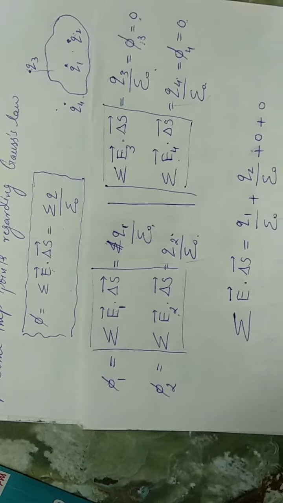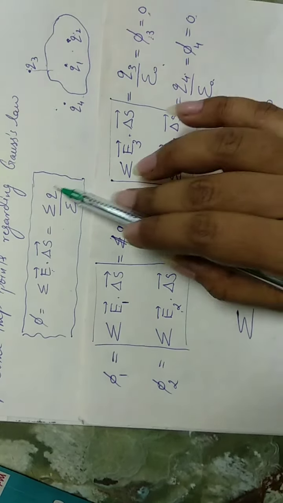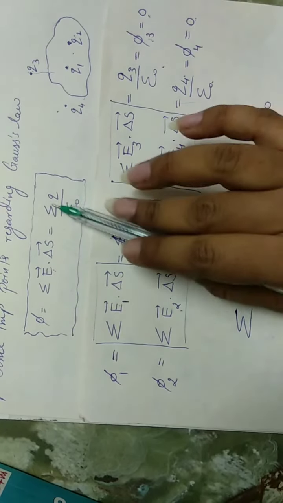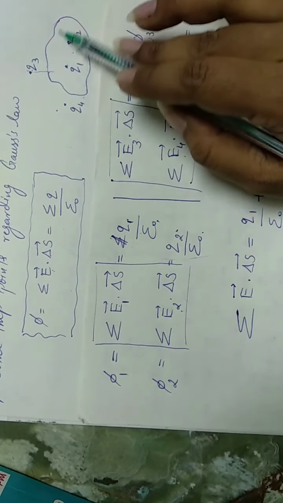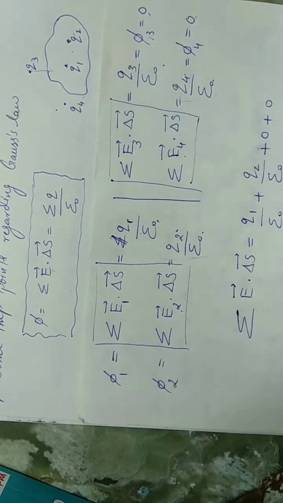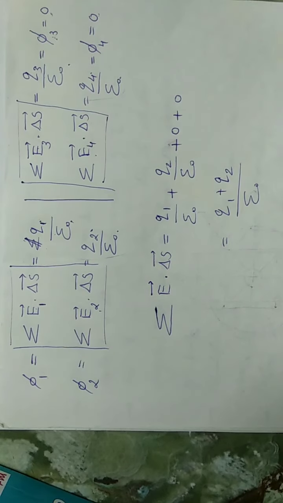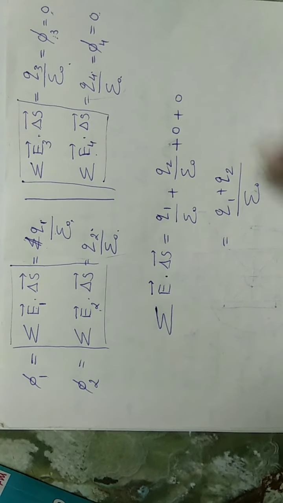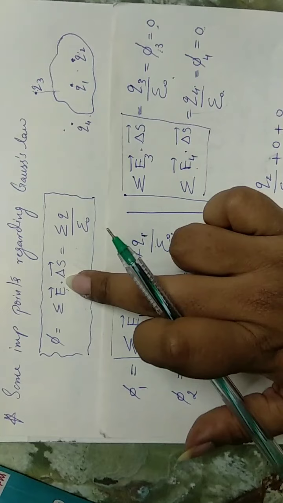So we have proved this point that here the charge will be the total charge enclosed within the surface. See, only Q1 and Q2 are remaining here, and the electric field is because of all the charges.